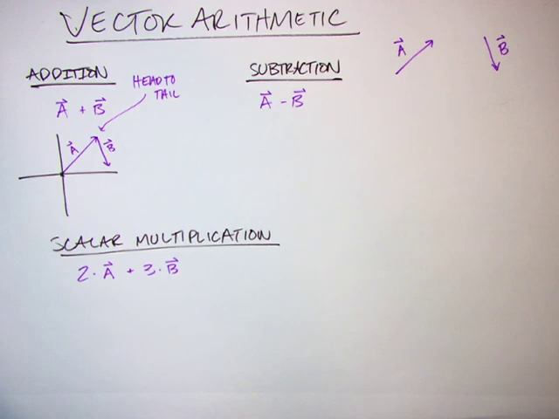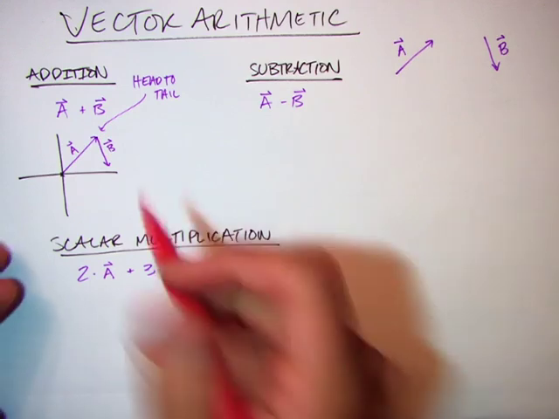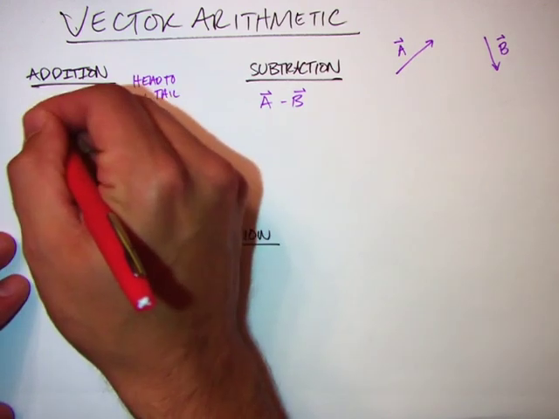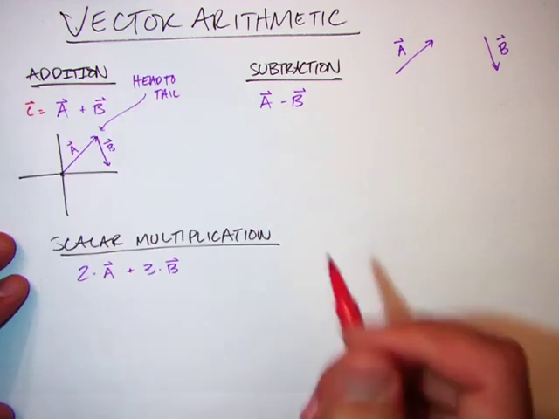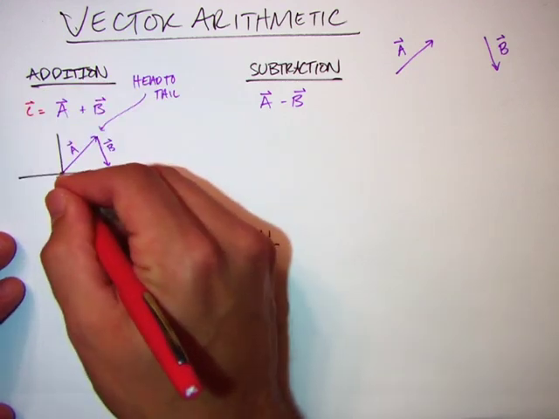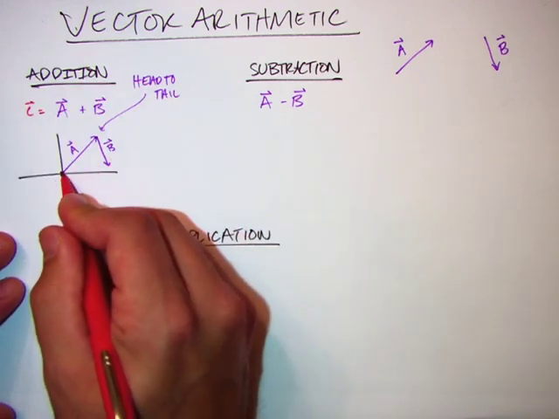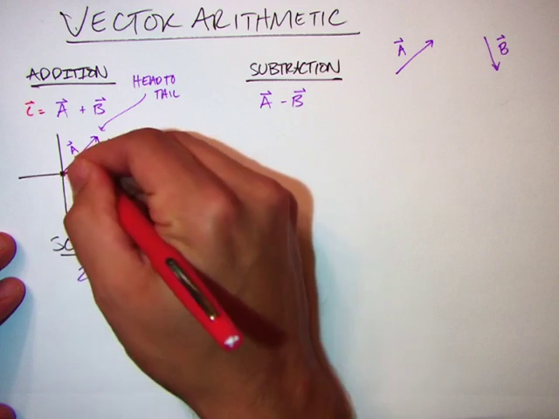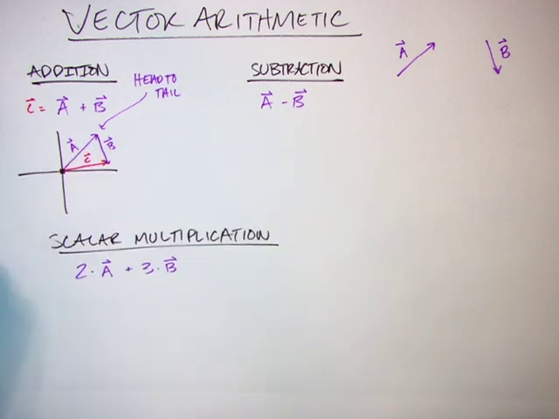So my result from adding A plus B is a vector C, which is the vector that connects the beginning of A to the end of B. So in terms of vector addition, vector A plus vector B equals vector C. So that's all I have to do to add them up.